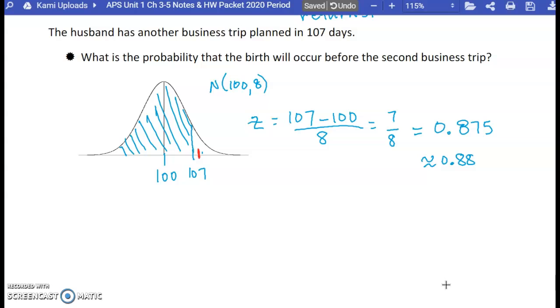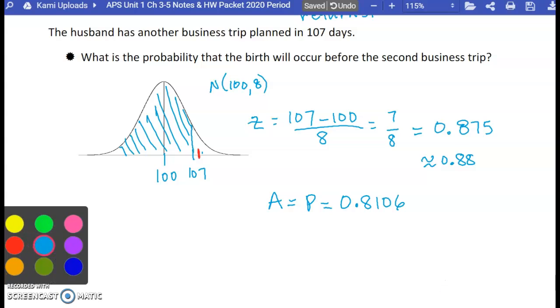The positive side of the table has all areas bigger than 50%. If we look up 0.88, we start with 0.8 and then move over to the right to the 0.08 column, and I see, and hopefully you do too, that the area or the probability is 0.8106. Okay, so approximately 81% chance that the birth will occur before the second business trip.